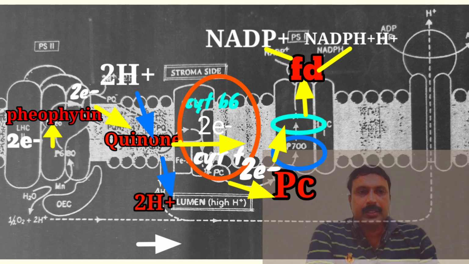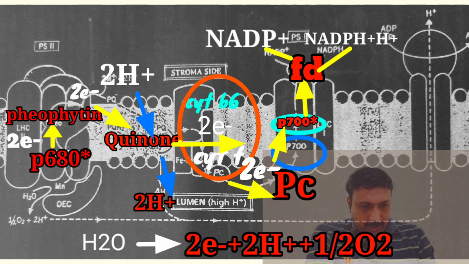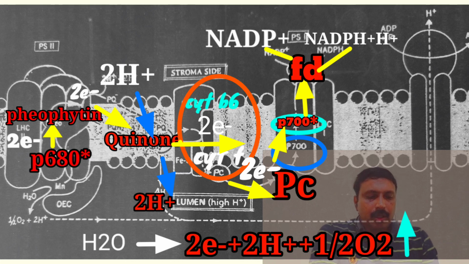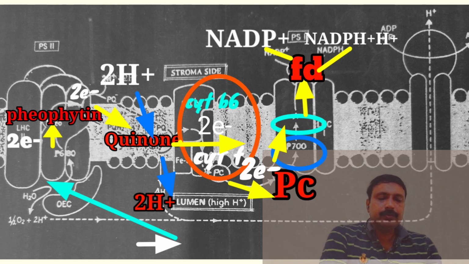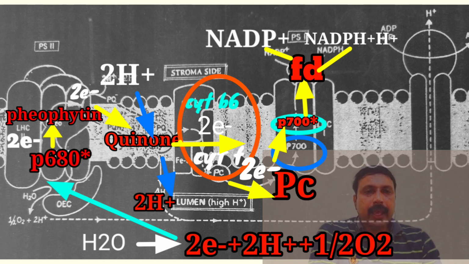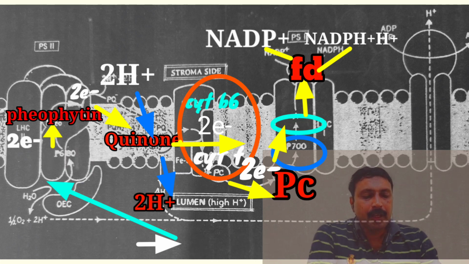It splits the water into 2 protons, 2 electrons and half O2. This half O2 is the atmospheric oxygen. These 2 electrons are accepted by photosystem 2, so the electron deficiency of photosystem 2 is compensated by the electrons released from photolysis of water.